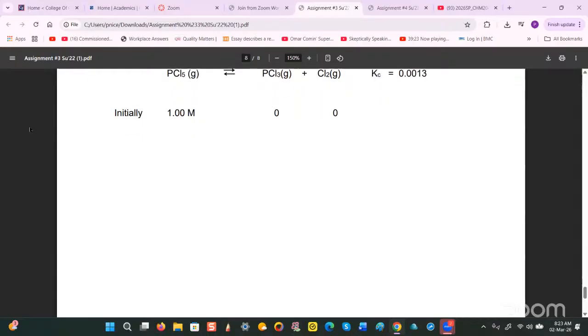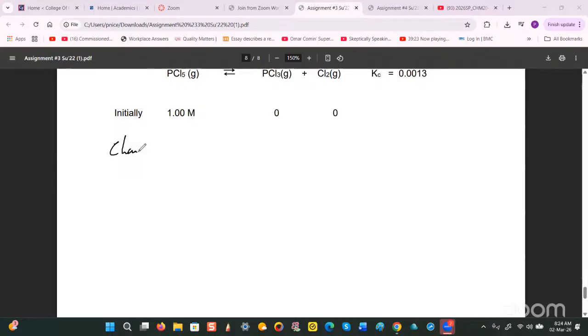In fact, this is the first line in the ICE table, the initial values. So it's kind of similar to the one we did before this one, where we don't know what the equilibrium concentrations are. So what I'm going to do now is create another line here, which says change.